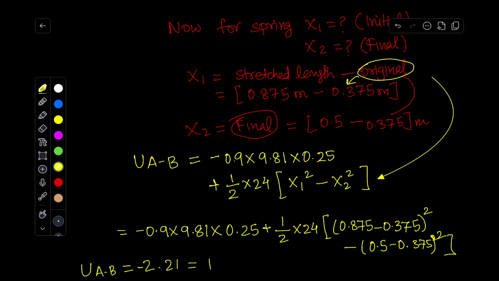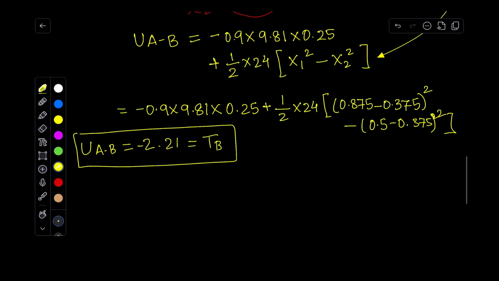So here we have calculated the work done from position A to B is minus 2.21, which is equal to the kinetic energy at position B. We have already written the formula for TB is equal to half mvB square.